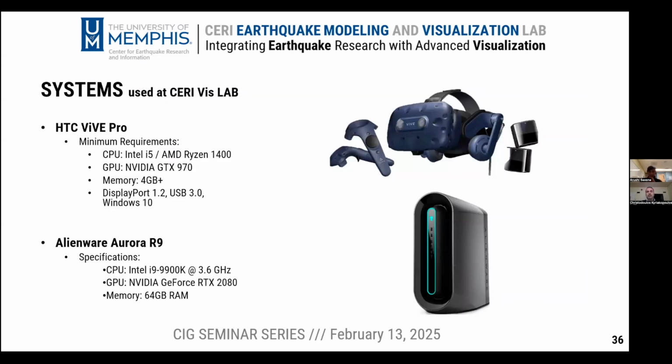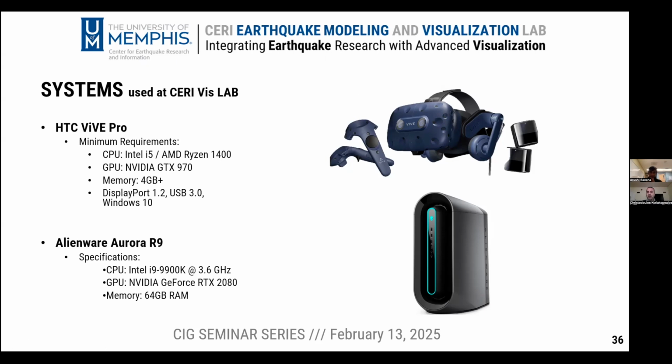A little bit about the systems we use. I have tested a variety of goggles. Today you can buy goggles from, the cheapest ones, I believe, $200 to $400. They are still expensive, but not as expensive as the HTC Vive Pro, for example, which was the first one I bought here.